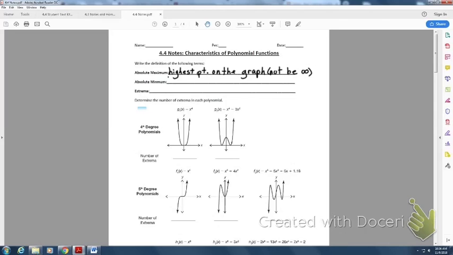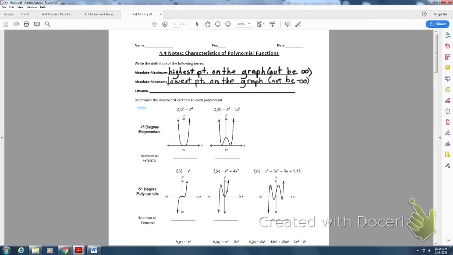And that absolute minimum is the lowest point on the graph. But this cannot be negative infinity. Okay? So I don't think those are very hard concepts.